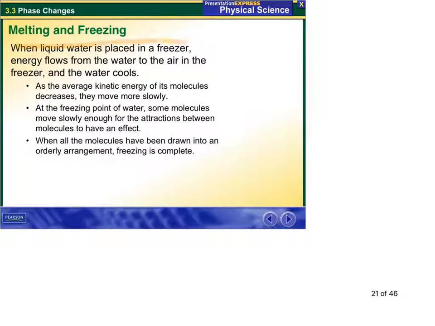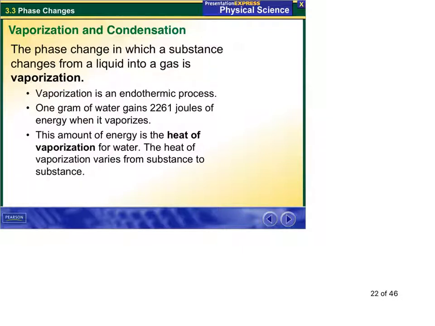When liquid water is placed in a freezer, energy flows from the water to the air in the freezer and the water cools. Average kinetic energy is going to decrease, they move slower. At the freezing point, some molecules are slow enough for the attraction between molecules to have an effect, and they start holding them into place. And when all the molecules have been drawn into that arrangement, the freezing is complete.